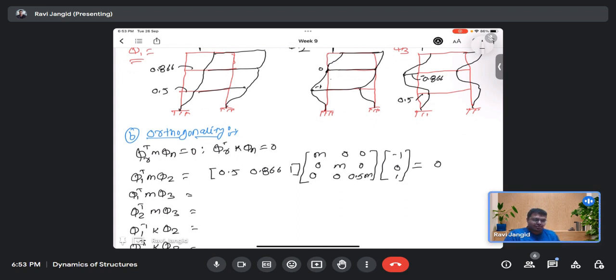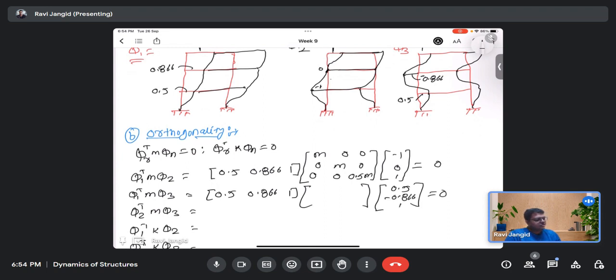Are you calculating this, or do you know that it should be satisfied? I have calculated it. Okay, no problem. Similarly, you can do this with the same mass matrix, and phi 3 is 0.5, minus 0.866, 1.